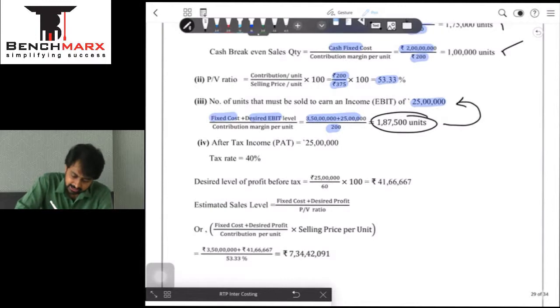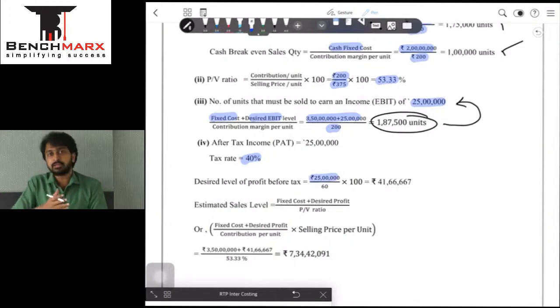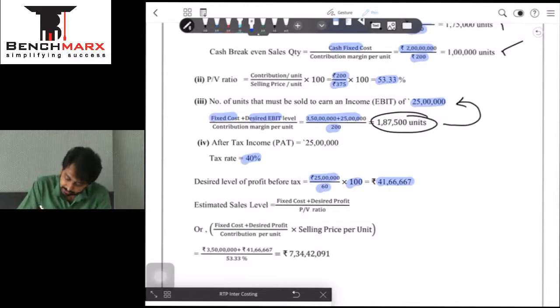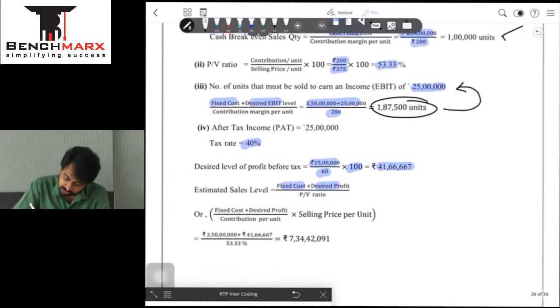For post tax I need the tax rate, which is 40%. So if I need 25 lakh post tax, that means 1 minus 40% corresponds to 25 lakhs, which means 25 lakhs upon 0.6 will give me the pre-tax profit required, and then you go reverse. So desired contribution is fixed cost plus desired profit. Desired profit we have just found to be this number.